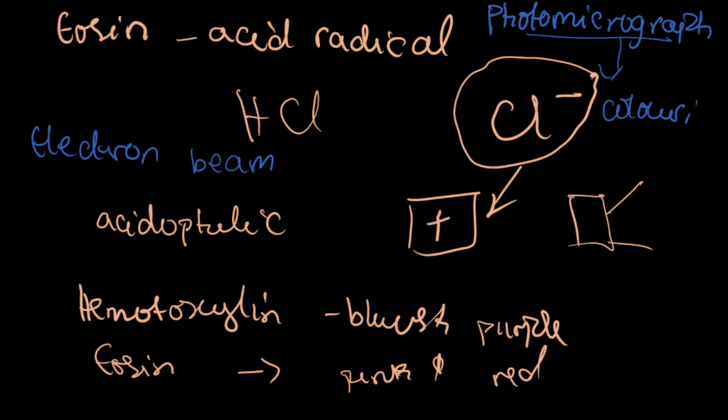A photomicrograph is a picture of a small image, a picture of essentially what is viewed under the slide. Photo because it's from a light microscope, micrograph, the picture of a very small image. Now the photomicrograph is a colored picture. Take it as a colored picture.